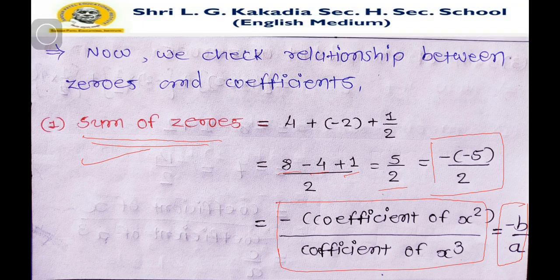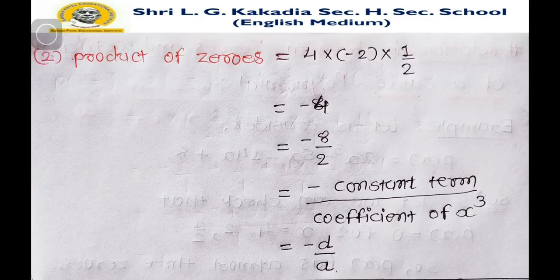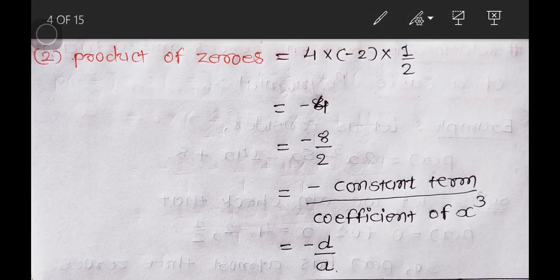Now let me find another relationship. The second relationship is the product of zeros. Here we have three zeros, and we multiply them: 4 into minus 2 into 1 by 2. The 2s cancel, so the remaining part is minus 4, which we can write as minus 8 by 2.